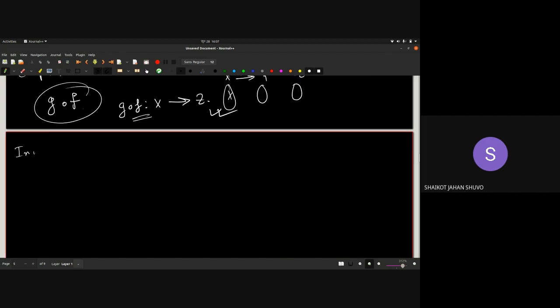Okay, time for another definition. This class will be full of definitions, so please be a bit patient. It's called an inclusion map.